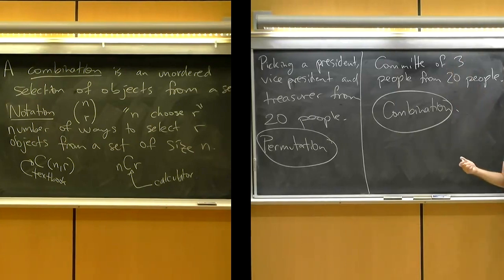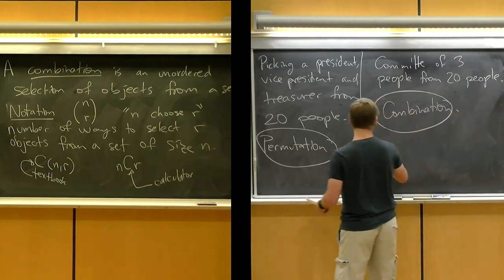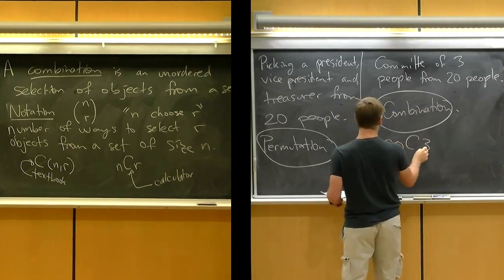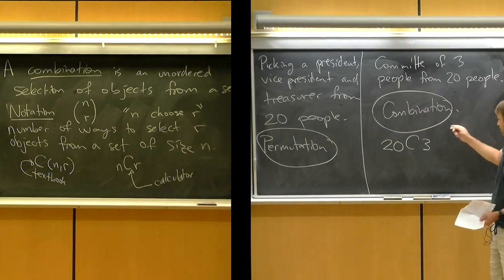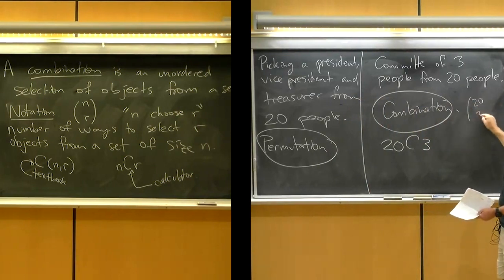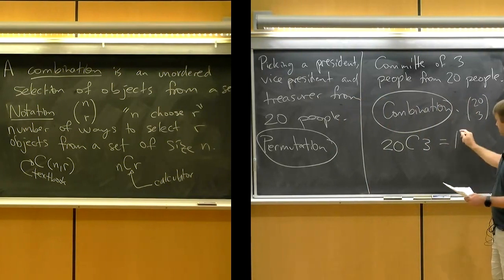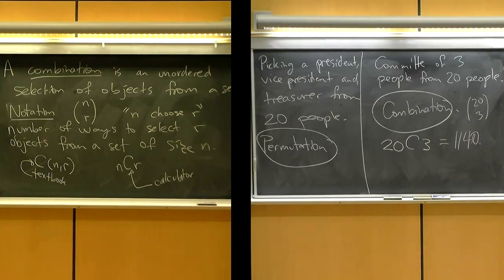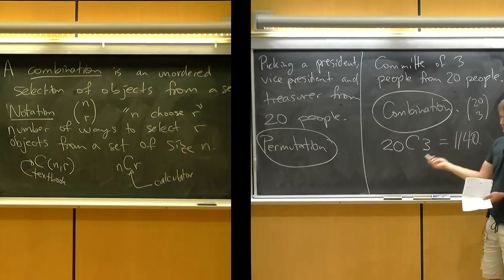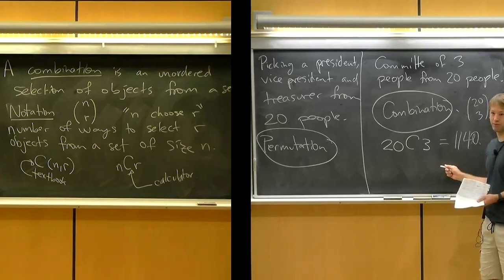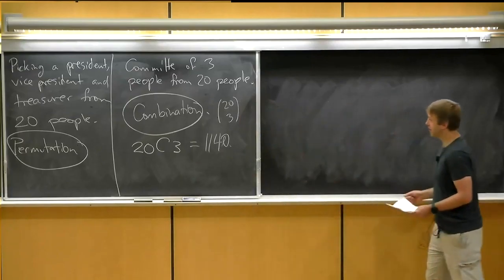You can just put that in your calculator. So the answer is going to be 20C3, or in other words, 20 choose 3. And if you plug that in, hopefully it'll output 1140. Okay, so the calculator makes your life easier, but you should also understand where this 1140 comes from. So let me explain that.